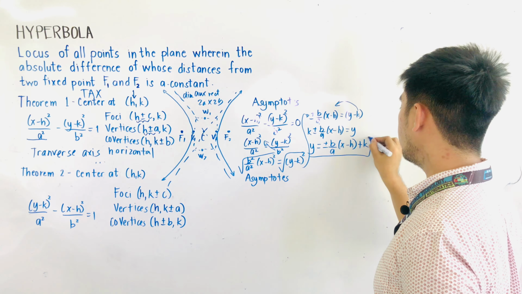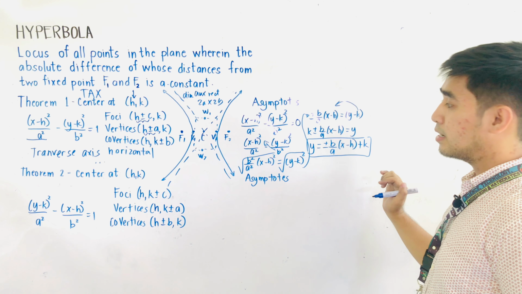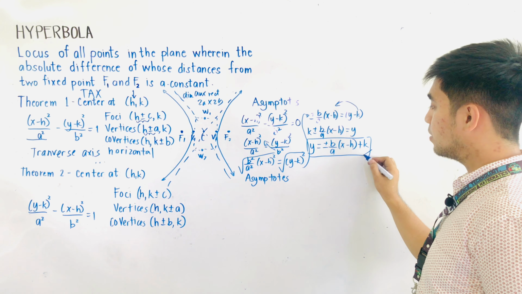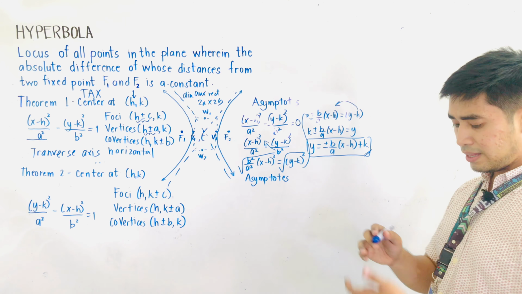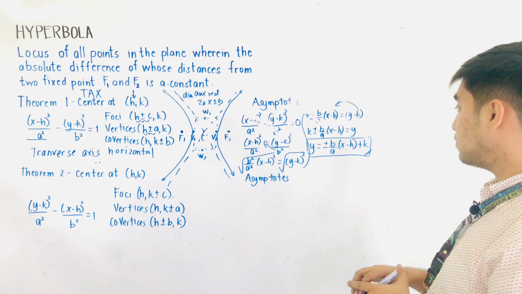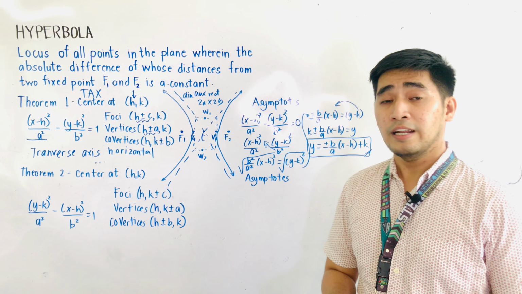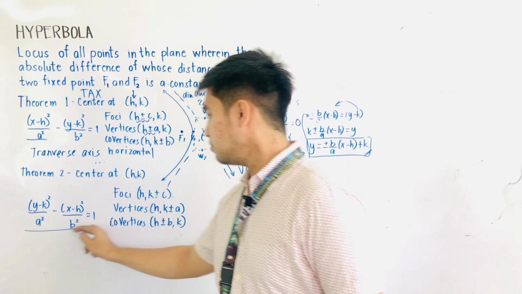So this will now be the equation of the asymptotes if we have the transverse axis horizontal. So what happens if we'll now be having transverse axis y? For transverse axis y, look at this equation.